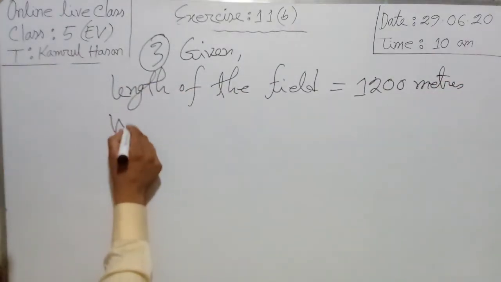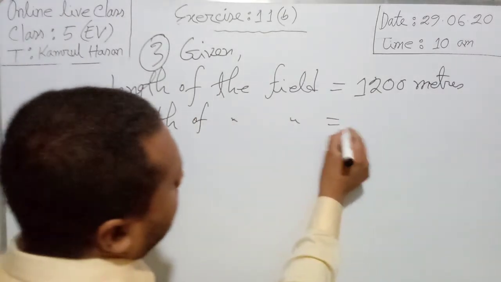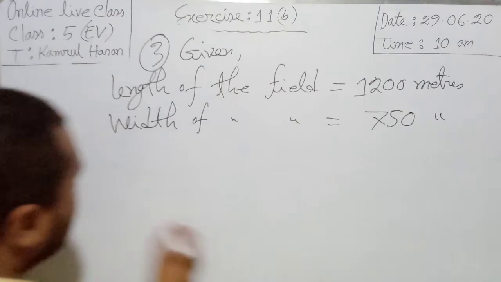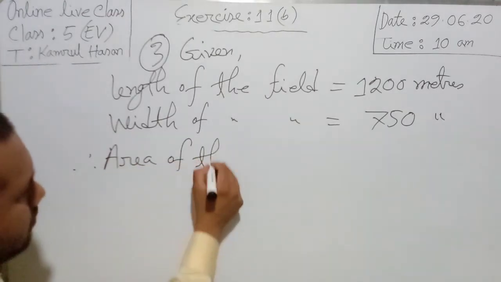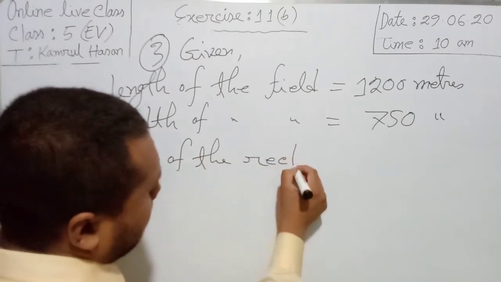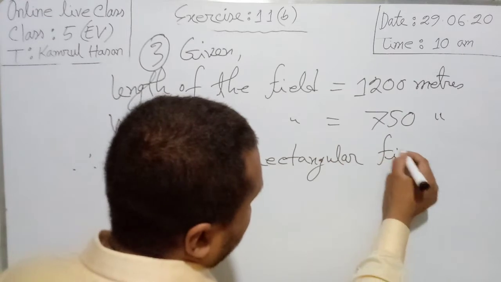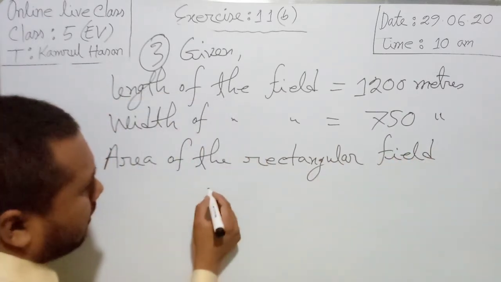And width of the field equals 750 meters. Now area of the rectangular field. Look, this is a rectangular field. So what will be our formula?